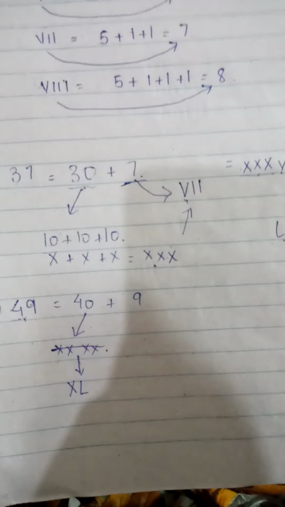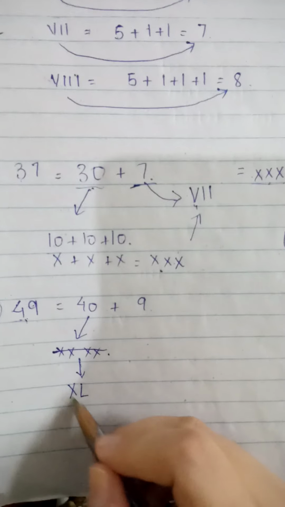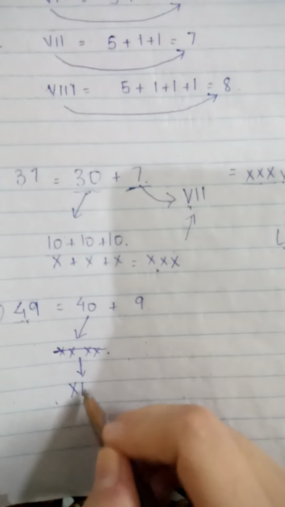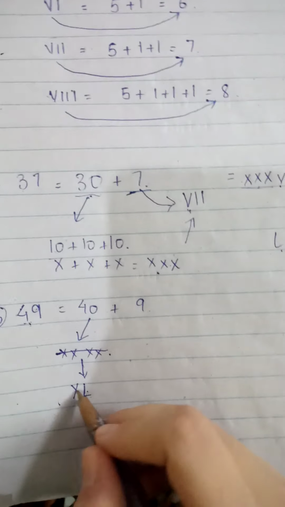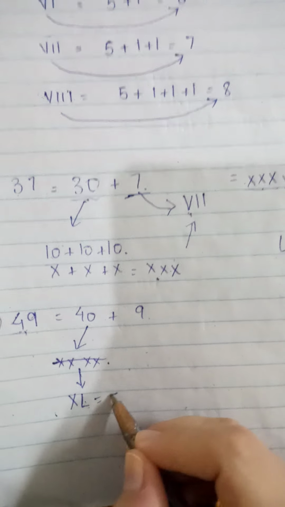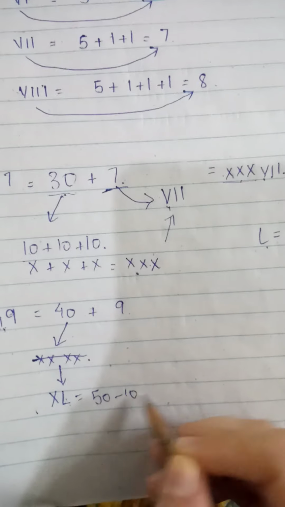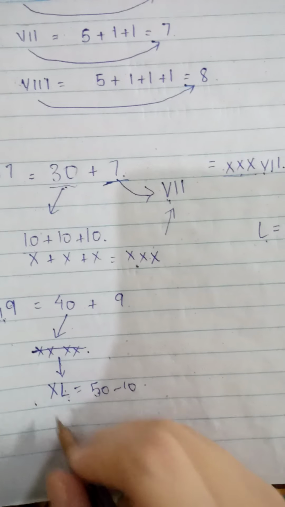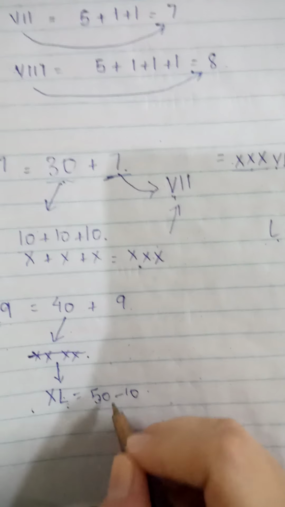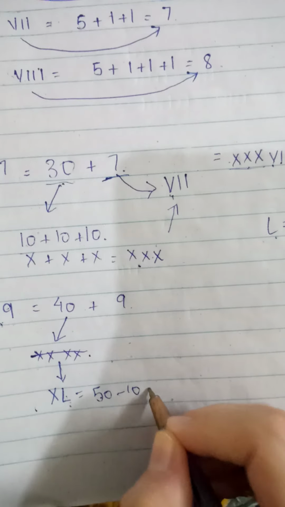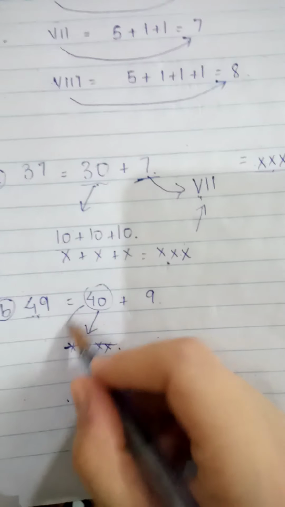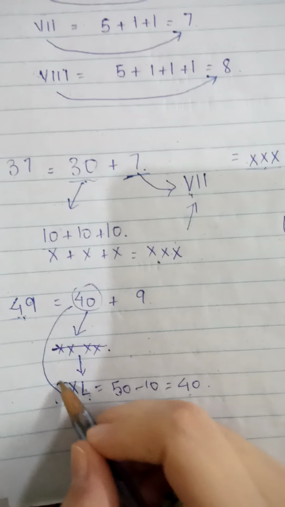Since I have written the digit whose value is smaller in front of the digit whose value is greater, this means 50 minus 10. L is 50 and X is 10, so we will be subtracting these two numbers. 50 minus 10 gives me 40. So for 40, we got our answer: we will be writing XL.